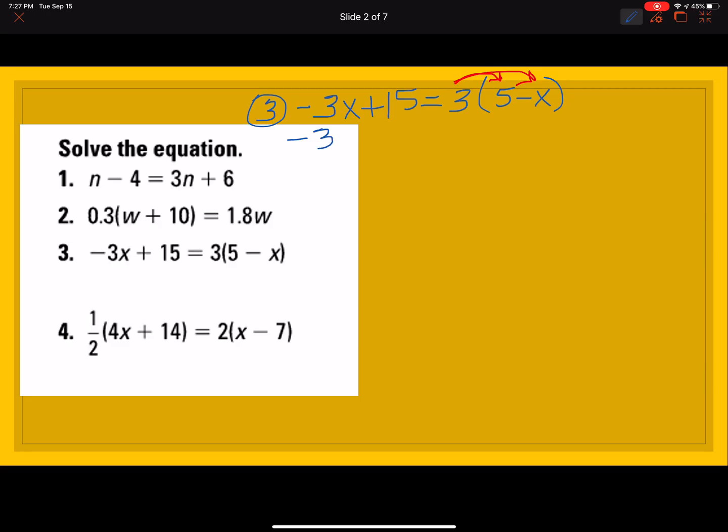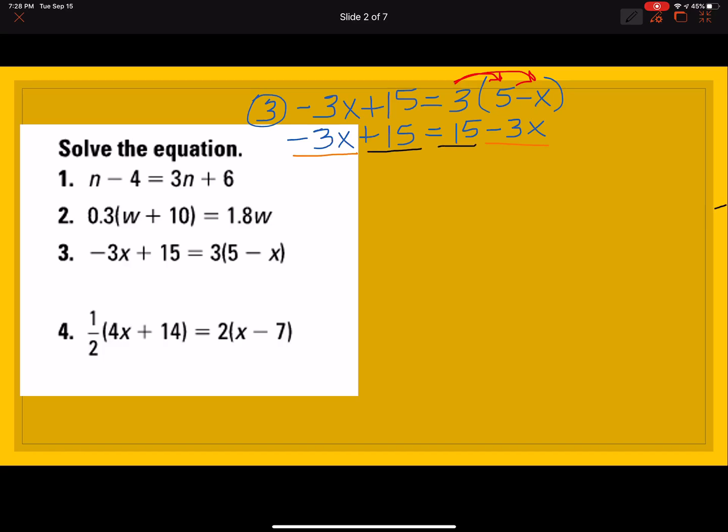Now I have -3x plus 15 equals 15 subtract 3x. Now if you notice here, we basically have the same thing. So I have a -3x, a -3x. I have a positive 15, a positive 15.